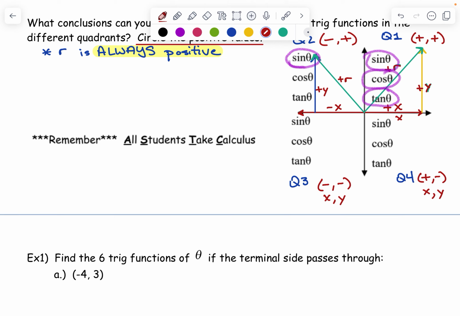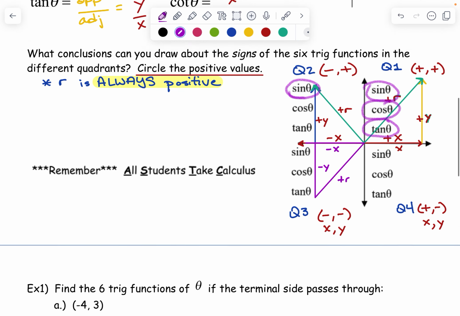So for Q3, sorry, my computer's restarting. For Q3, I would go this direction for my x, negative. I'd go this direction for my y, negative. And I'd go this direction with my r. My r is always positive. Got negative x, negative y, always positive r.